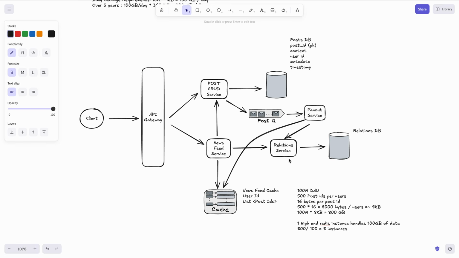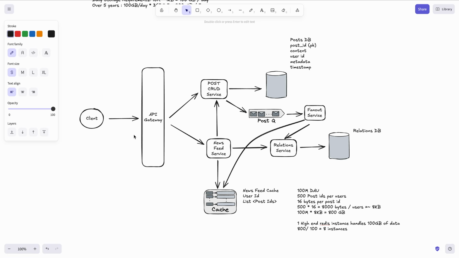If it does, it directly queries the post service to get the latest posts from those accounts, and it then merges the two sets of posts, the one from the cache and the one from the database, and displays them to the user. So this approach gives us the best of both worlds: low latency for the vast majority of users and a scalable solution for our high traffic celebrity accounts.